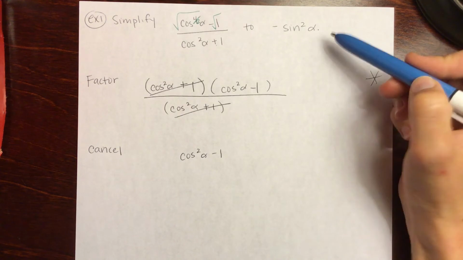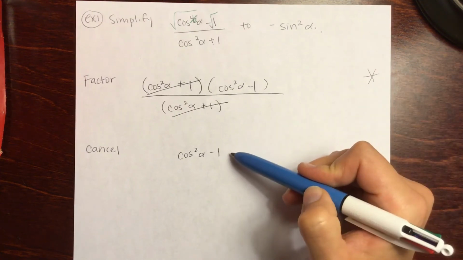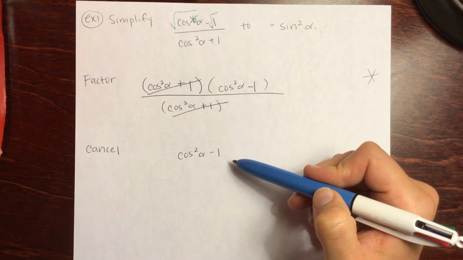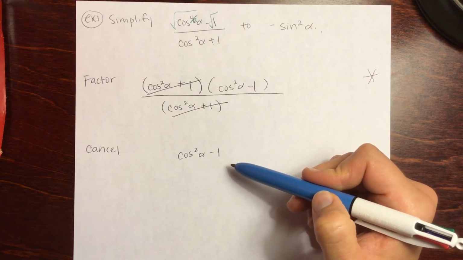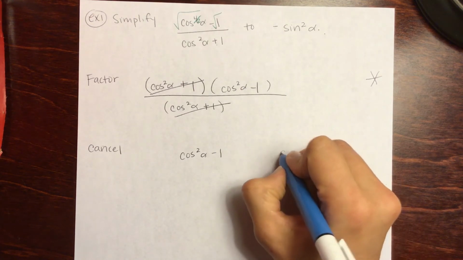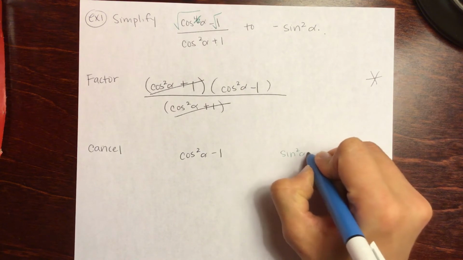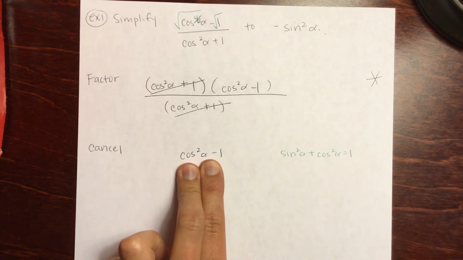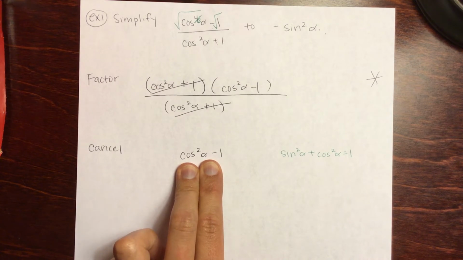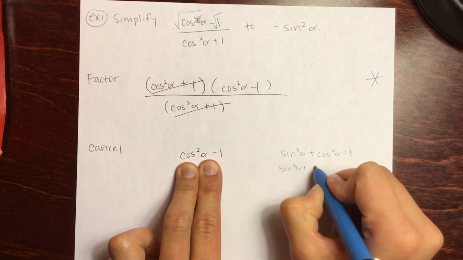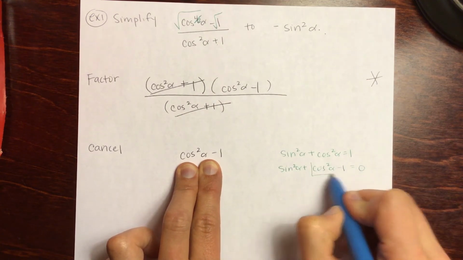All right, look ahead. This is what we're trying to get to. So we're really close. And whenever you have a mixture of cosine squareds or sine squareds or 1, anything along those lines, you need to try and say, is there a way for me to use the Pythagorean identity? Can I rearrange this Pythagorean identity into this? Can I get a cosine squared minus 1? Well, if I subtract the 1 over here, yay, this is what I want.